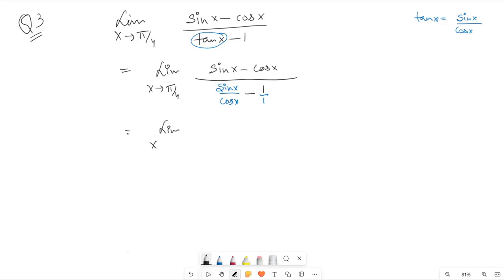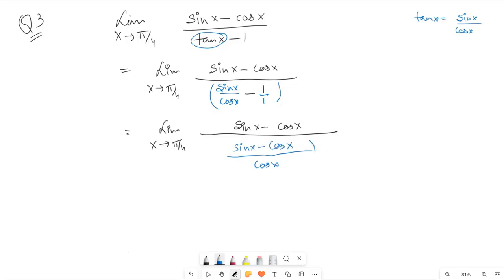Limit x approaches pi by 4. In the numerator we have sine of x minus cosine of x. This part I can make first the common denominator as cosine x. For the sine x I don't have to multiply anything, minus this 1 will have to be multiplied with cosine x to make the common denominator.